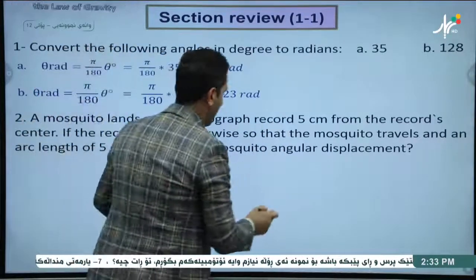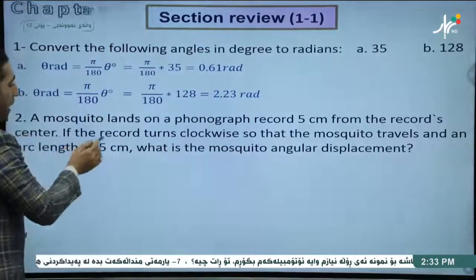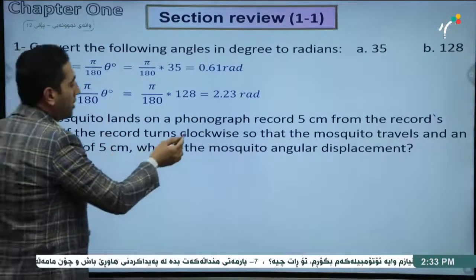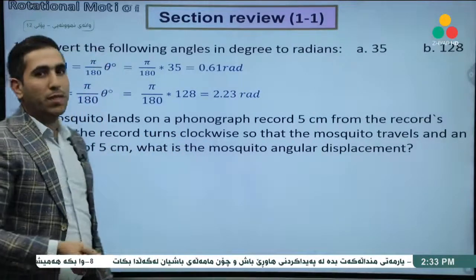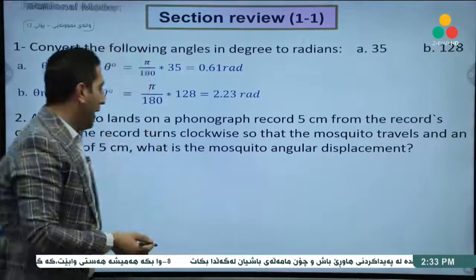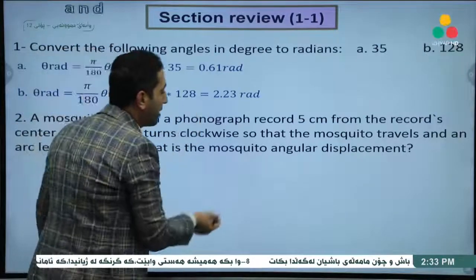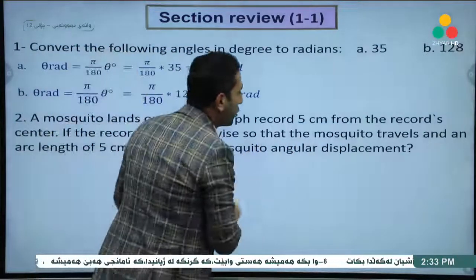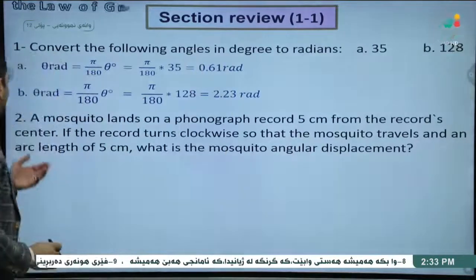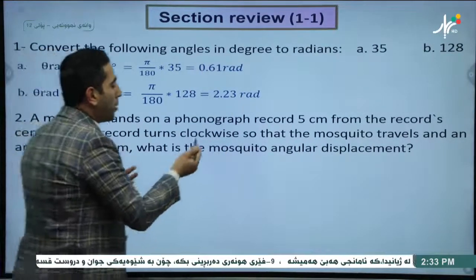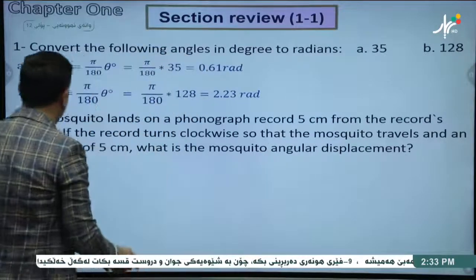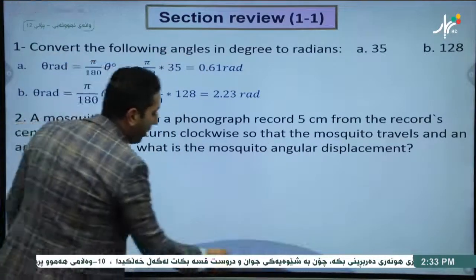If the record turns clockwise, delta theta, the angular displacement, and the arc length are negative, and the mosquito travels an arc length of 5 centimeters. What is the mosquito's angular displacement? Find delta theta.